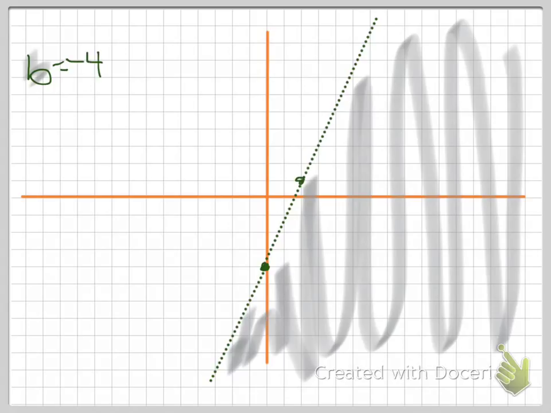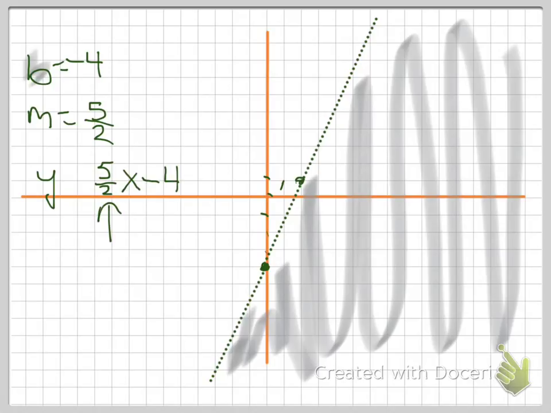You have a slope: going up 5 and to the right 2. So that means I have something like this, 5 over 2 x minus 4, slope, y-intercept. Now, this is broken, so I don't need a line underneath, and it's below, so that means it would be less than. And that's that.